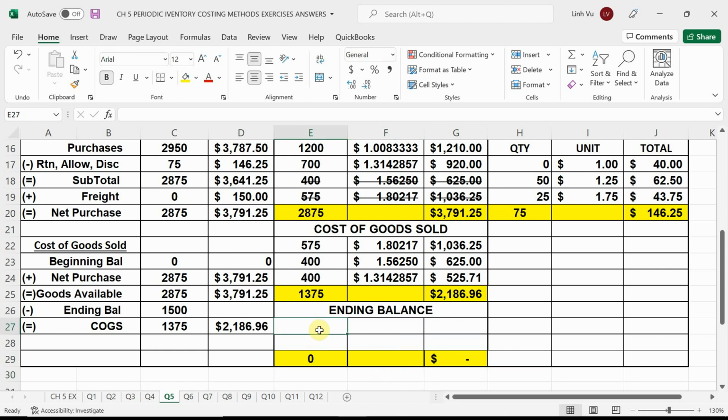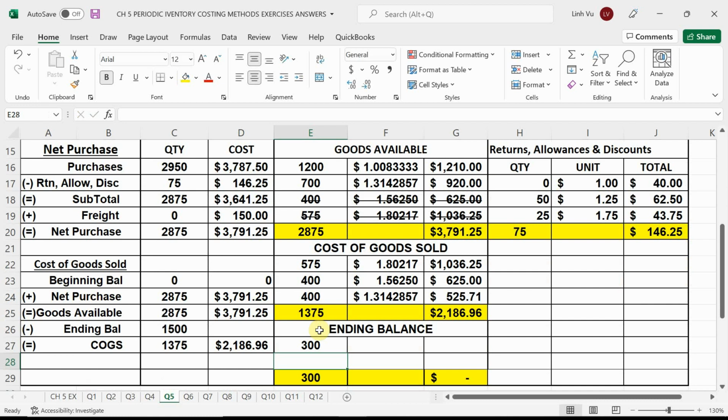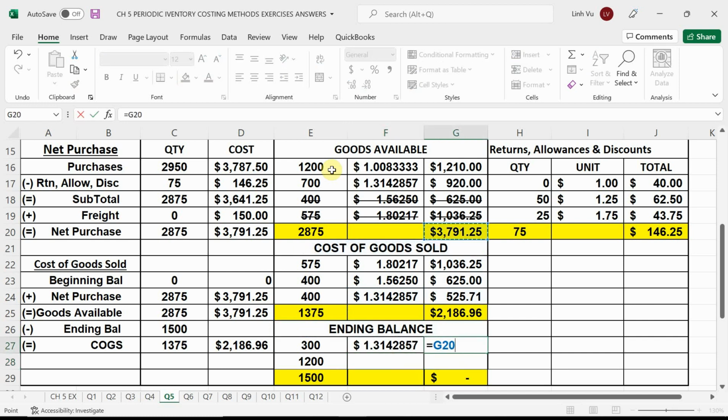Okay. So in this case, I still have left remaining 300 units plus the 1200, which gave me 1500. In this case, this one was $1.3142. So if I started out with the 920 and I sold 525.71, you should be left with 394.29.